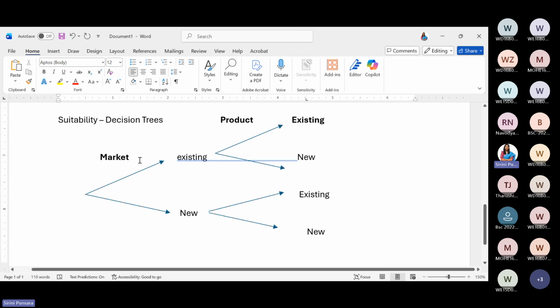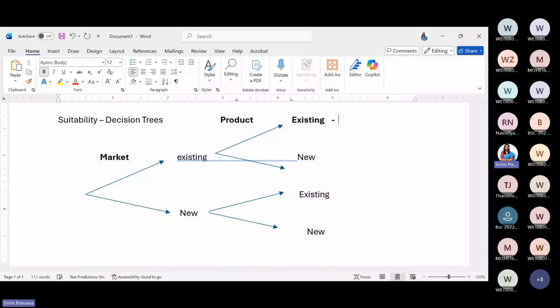So according to the Ansoff matrix, complete this decision tree. I will give you a few minutes. Here, what it means is, in terms of market, they are going with an existing market, and in terms of product, they are going with an existing product. So then what is the ideal strategy? Write it down here. Then if they go with an existing market with a new product, what is the ideal strategy?